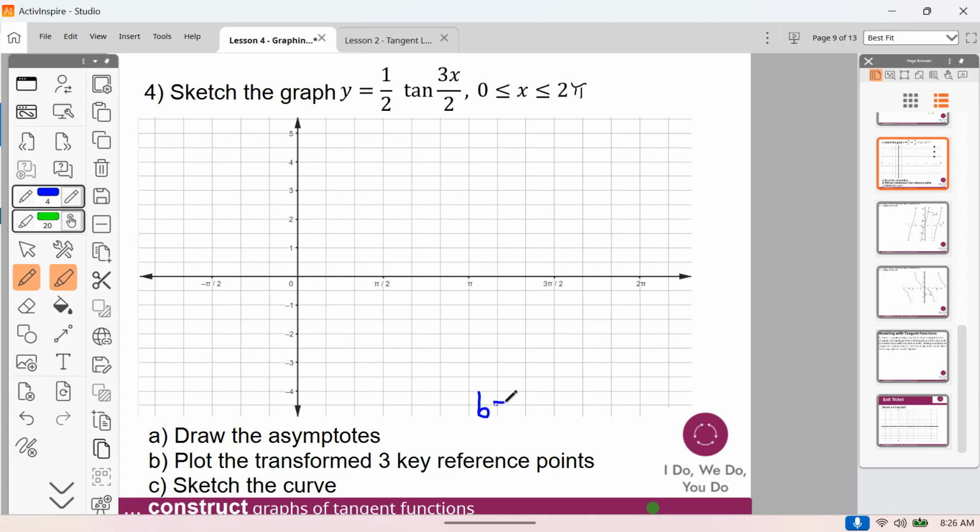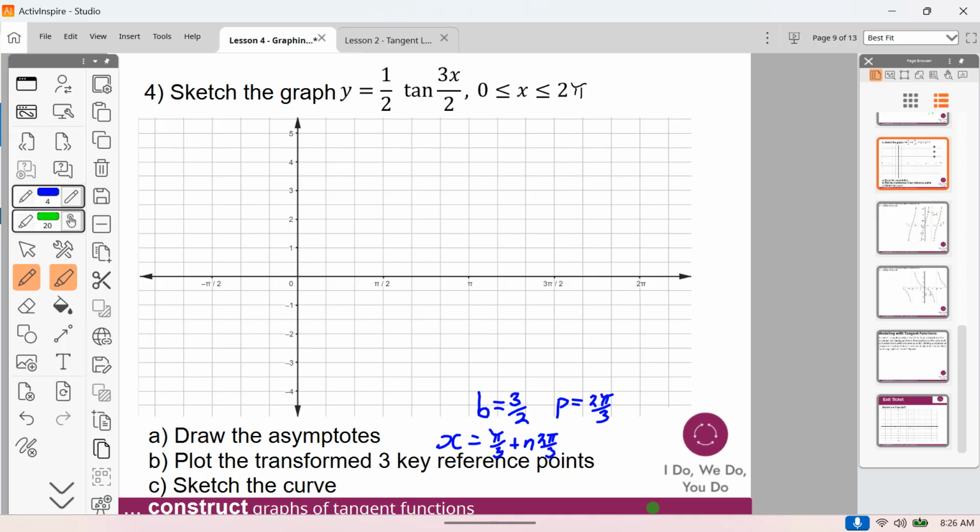Your b value is 3 over 2. So your period is going to be 2 pi over 3. So your asymptotes are going to be at pi over 3 plus n 2 pi over 3.